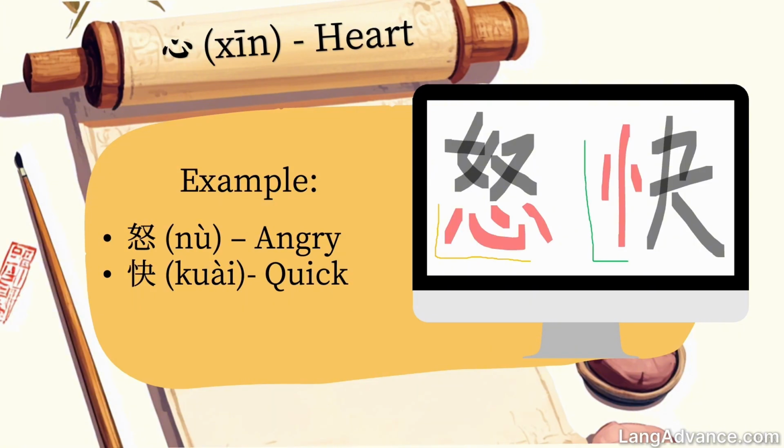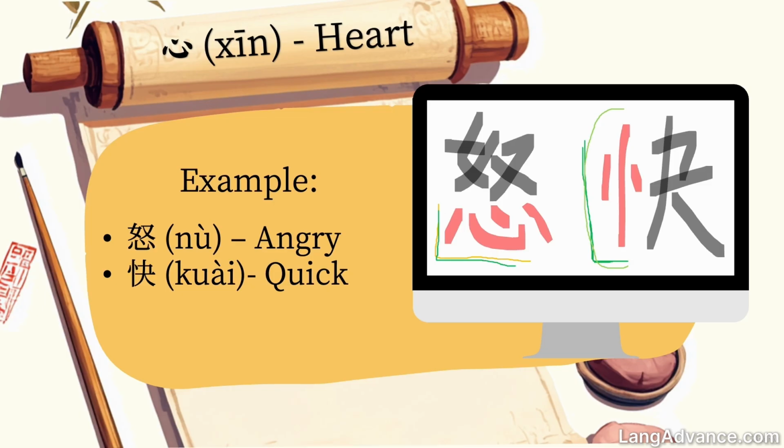The heart by the side, which is like this, is the simplified version. Both of them have to do with the heart. So for example, we have nu, which is angry. When you are angry, obviously your heart is involved. And the other one is kuai, quick. You are rushed. You want everything to be hasty. That's where this radical comes from.